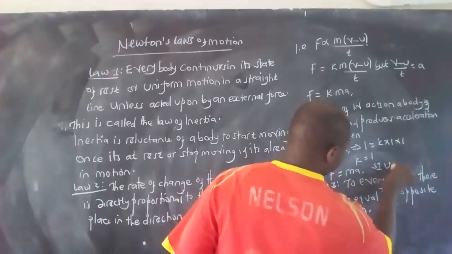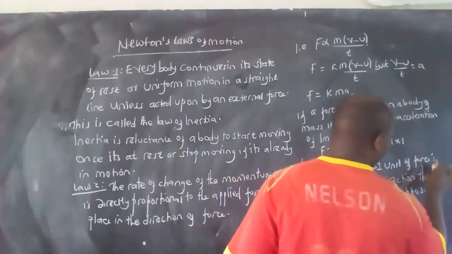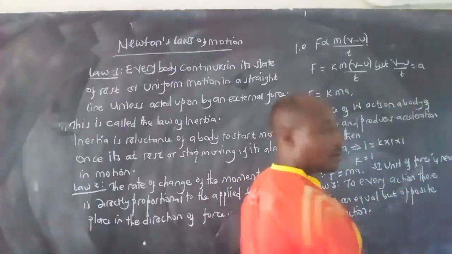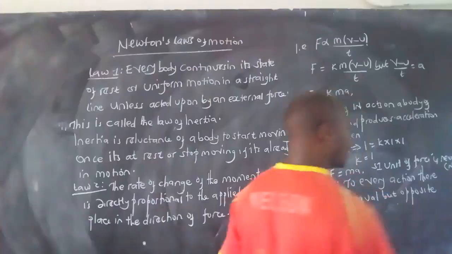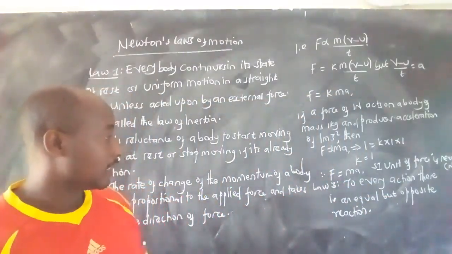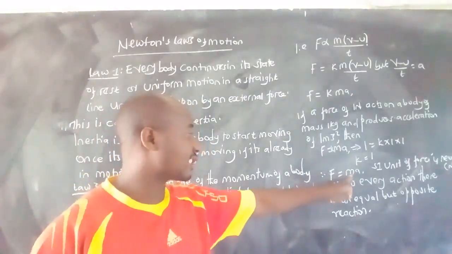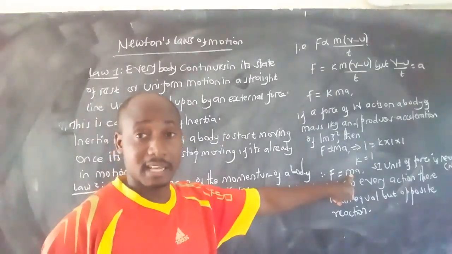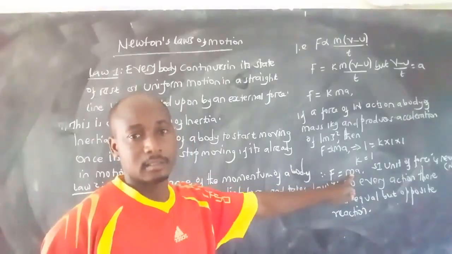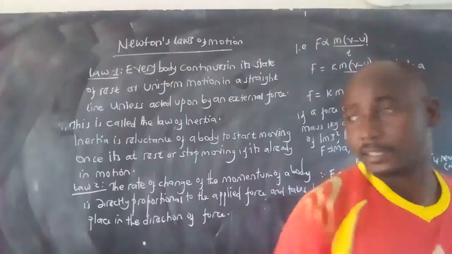Newton, with small n, and the capital N as a symbol. Then we can define a Newton by saying a Newton is a force that gives a body of mass 1 kilogram an acceleration of 1 meter per second squared.